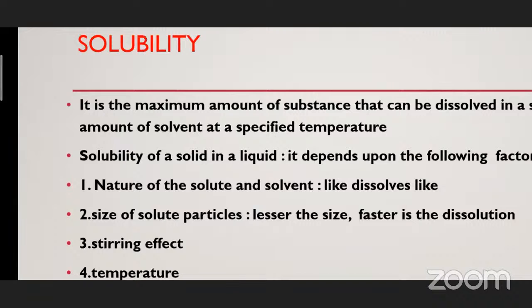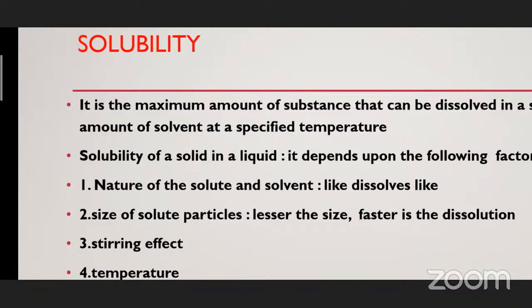I hope you have understood. What is crystallization? The solute present in the solution collides with the solute present in the solid state, and it forms crystals. That process is called crystallization. So whenever we dissolve a solute in a solvent, two processes occur simultaneously. What are they?